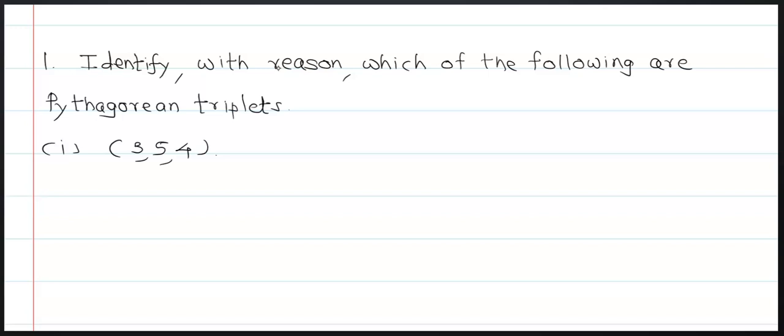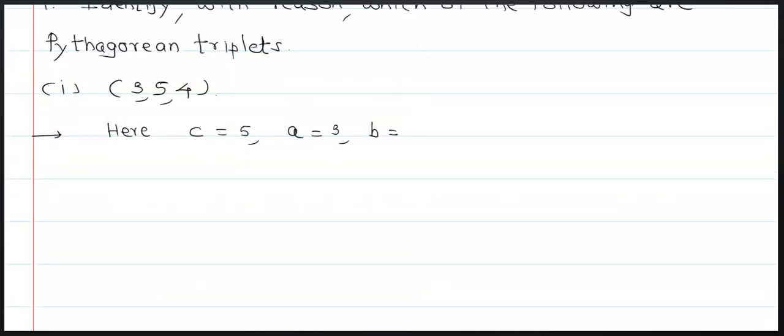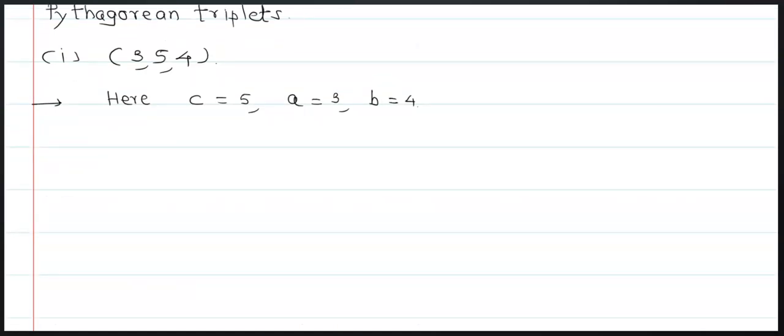The first is 3, 5, 4. In all examples, we will take C as the greater number. C is equal to 5, A is equal to 3, B is equal to 4.